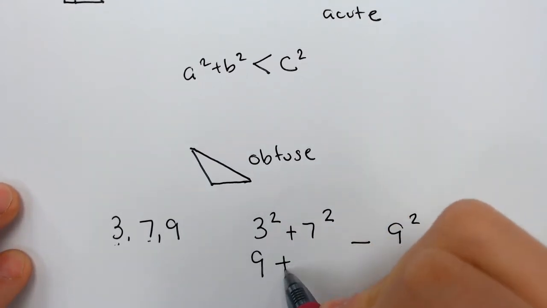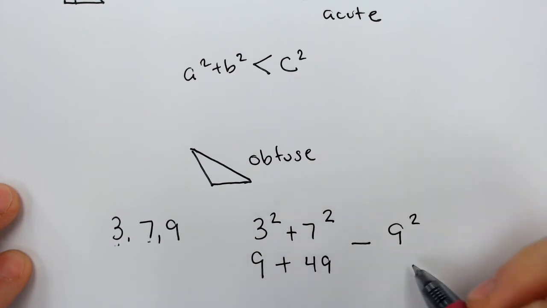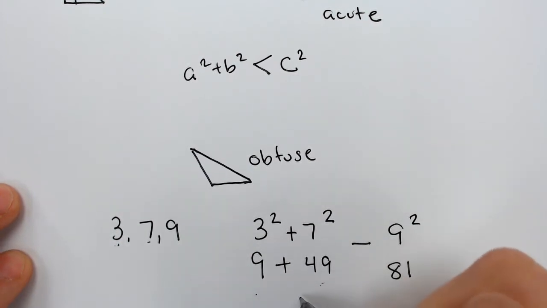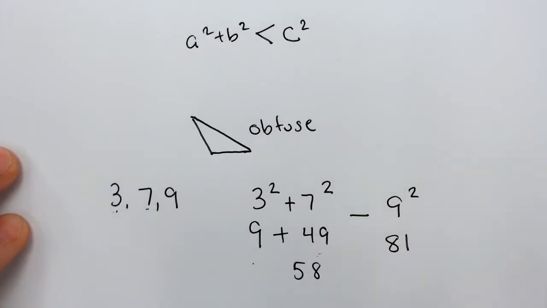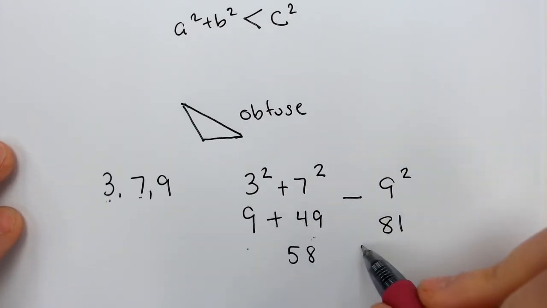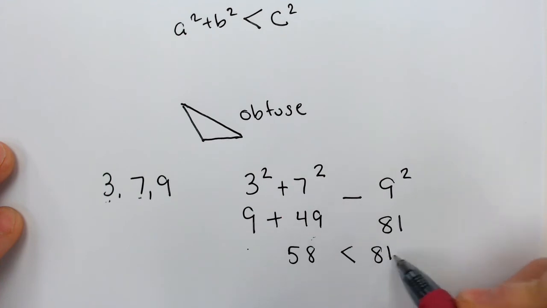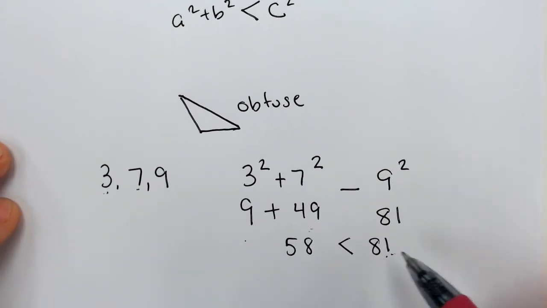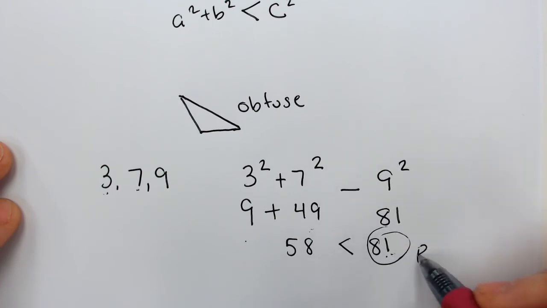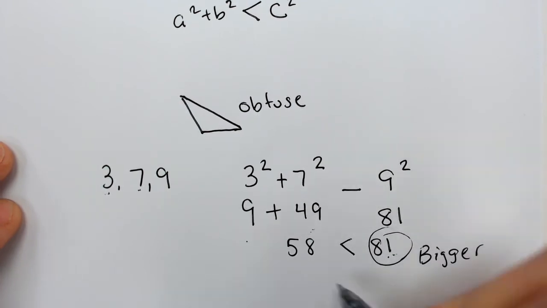We got 9 plus 49 compared to 81. If we add these two together, we get 58. And 58 is smaller than 81. If the c is the bigger part, if this is bigger, then we have an obtuse triangle.